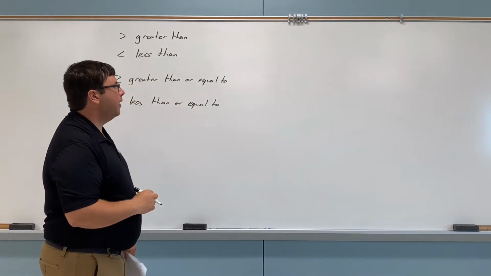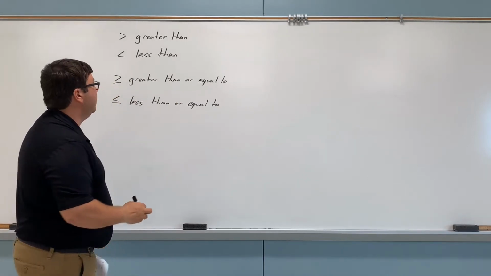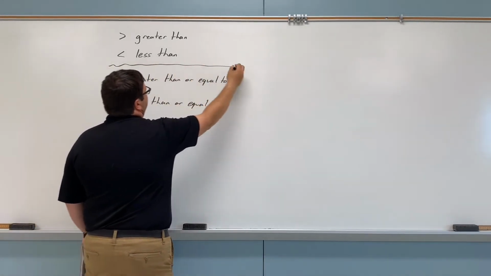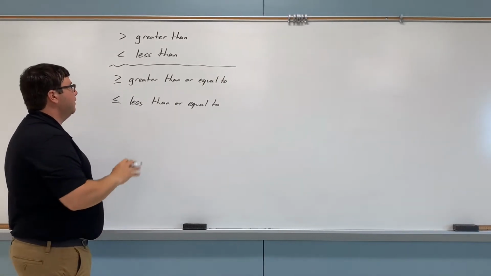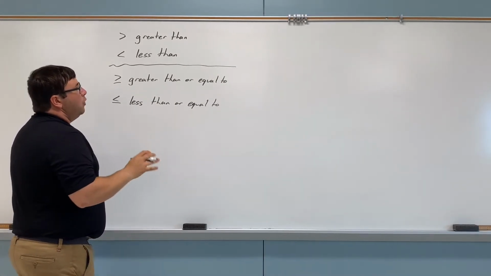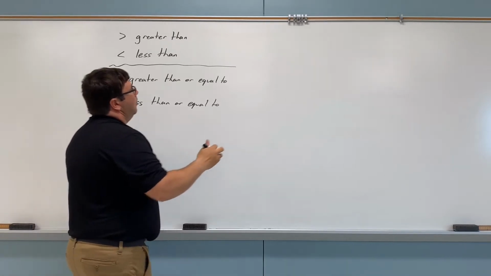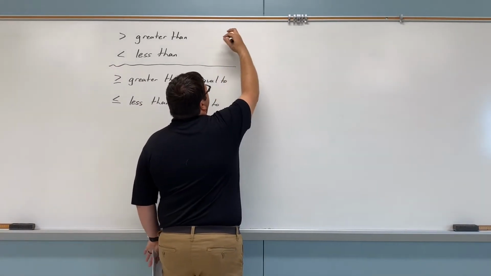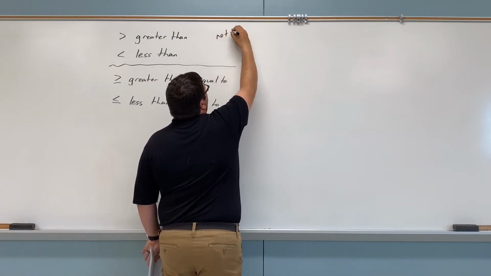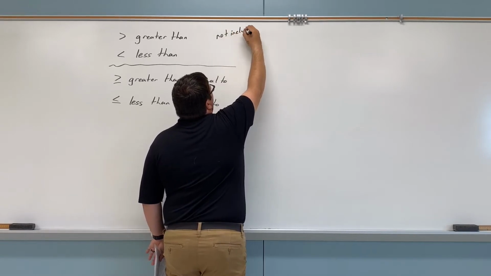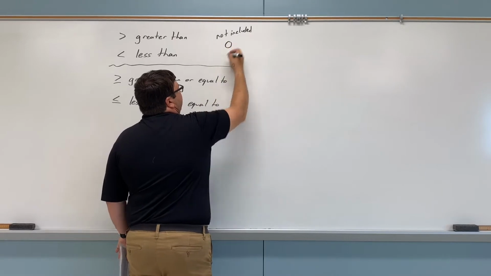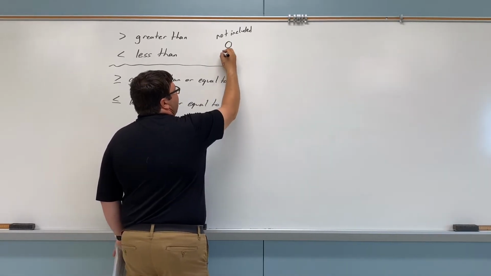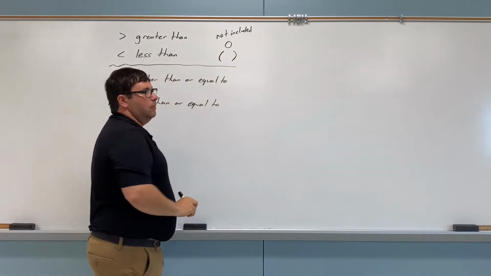Now, there's a couple other symbols that go along with this. I'm going to put a little dividing line here. Doesn't mean anything, I'm just dividing out my two separate sections. When we're graphing, these are not included values, which means we typically use an open circle and we use parentheses.